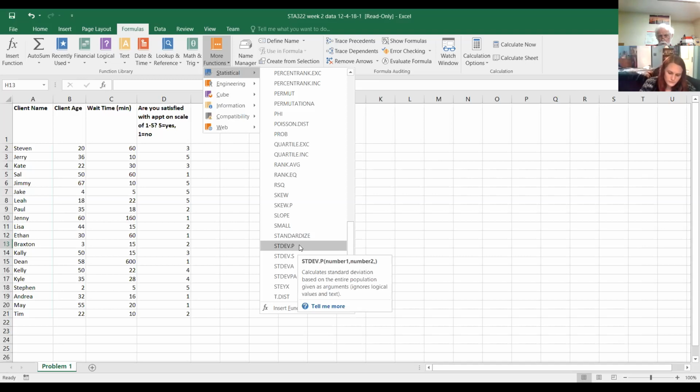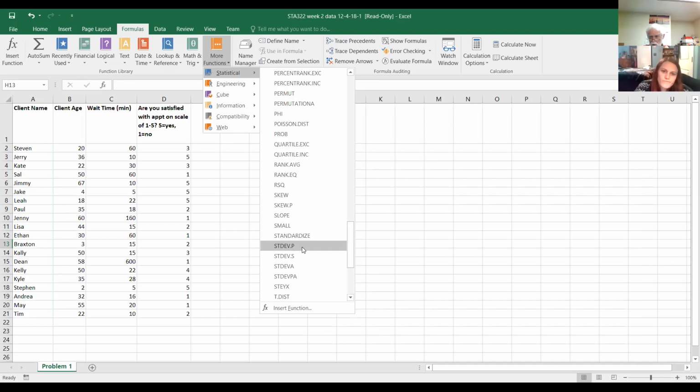That would require that we surveyed everyone that was a client at the office. But if our population was only those that had come in on a specific day or a specific week, we could use the population calculation.